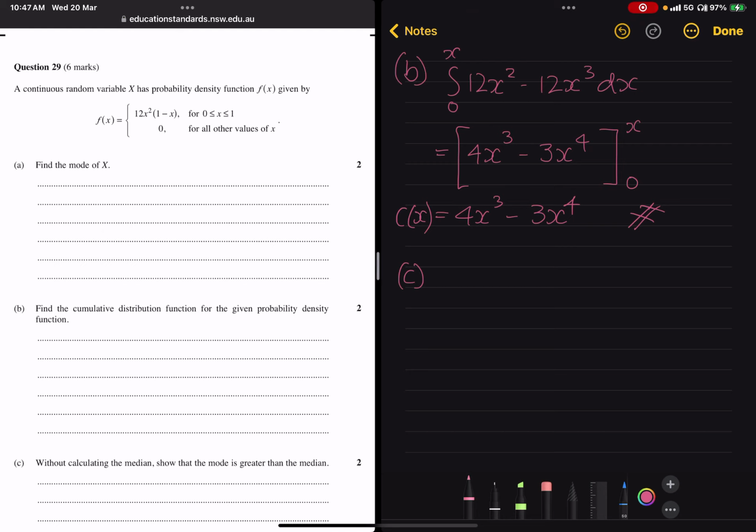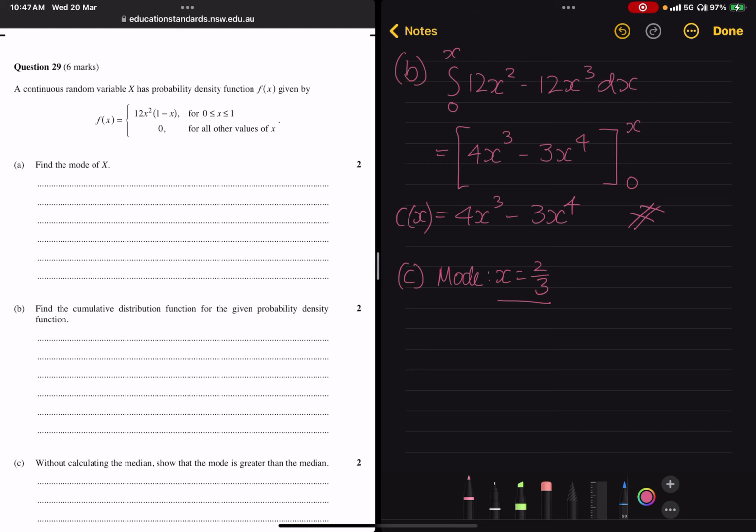So what we can do is remember that the mode occurred when x is equal to 2/3. We calculated this in part A. And then the cumulative distribution function we've just calculated in part B. If we plug the mode into the cumulative distribution function, that will tell us what percentage of the scores, or the probability, is up to the point 2/3.